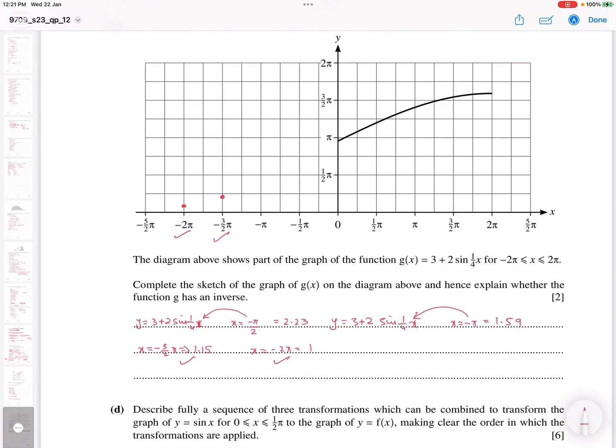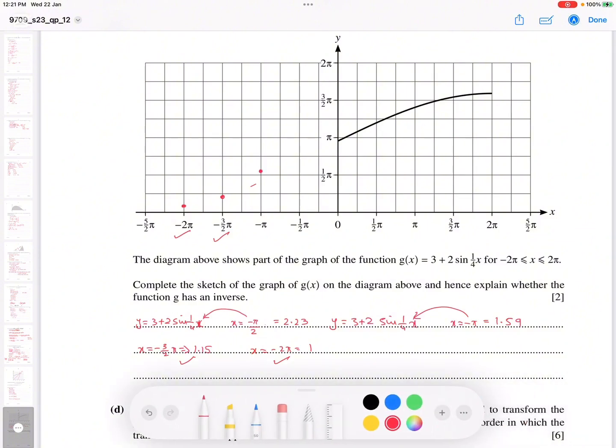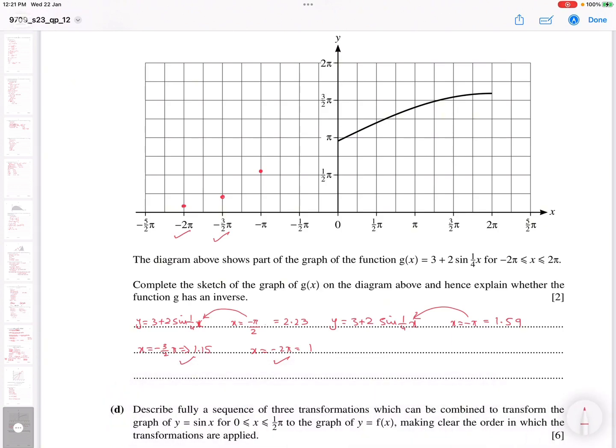So when negative pi is 1.59, which is a little above pi by 2, and we got the value 2 point something here.